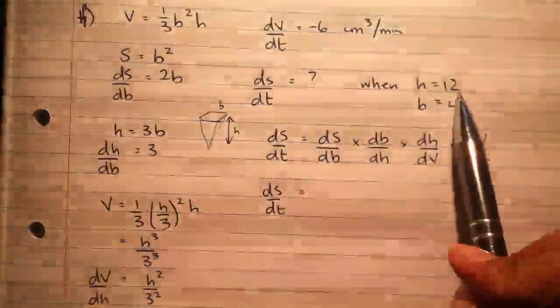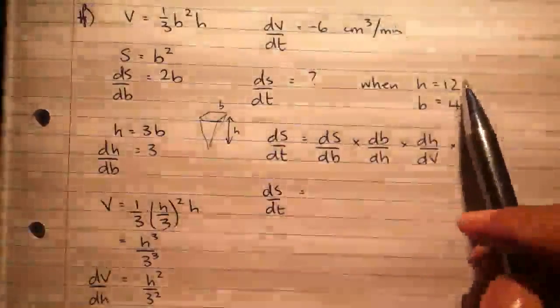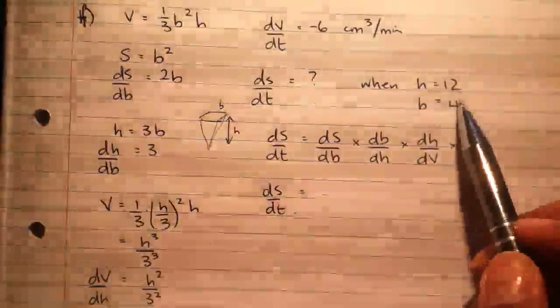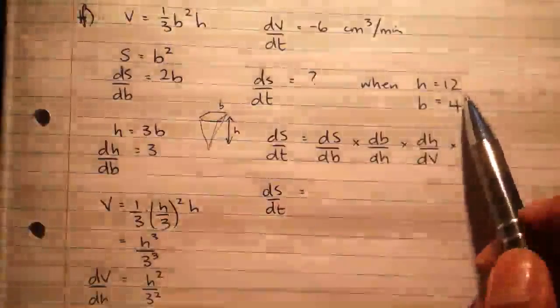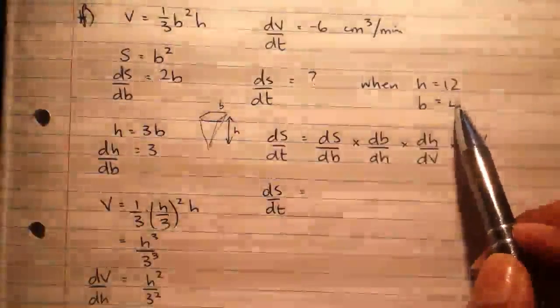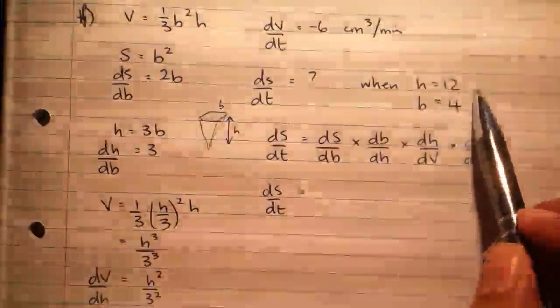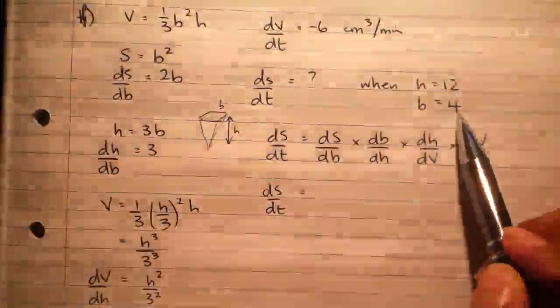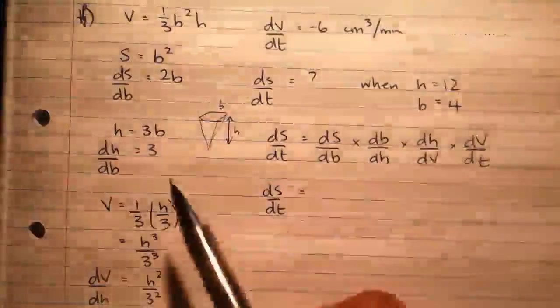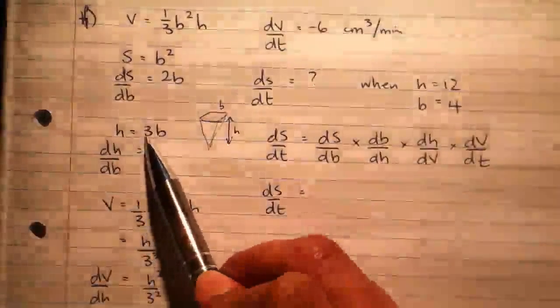Now, looking at the diagram, when your height was 90, the base is 30, so there's a proportional relationship between height and base, and the base is just a third of the height.